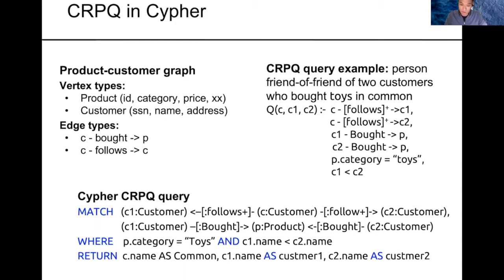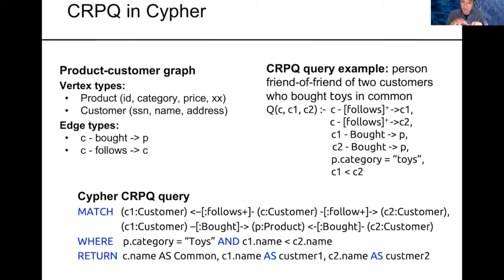The first one is for the customer C, followed by customer C1. It also is followed by customer C2, right? And we have a product P. It is bought by the customer C1, and it is also bought by the customer C2.